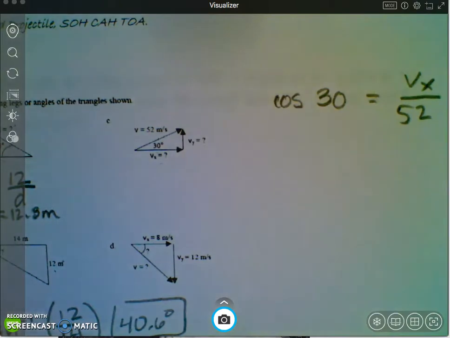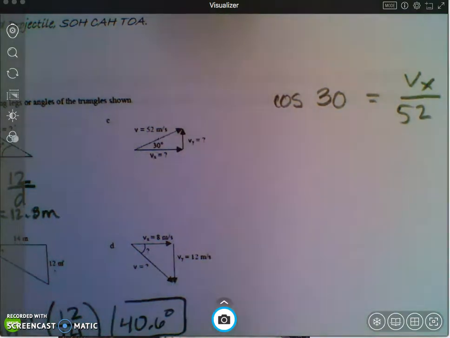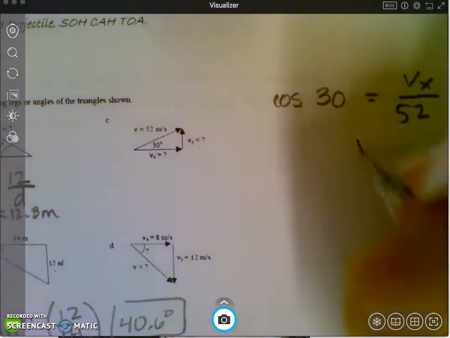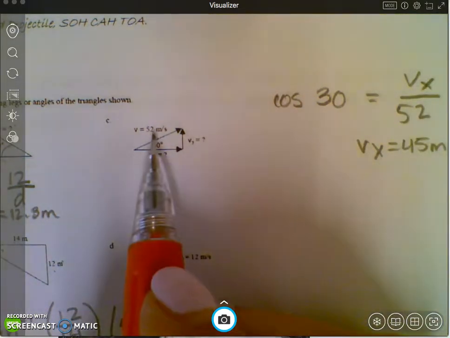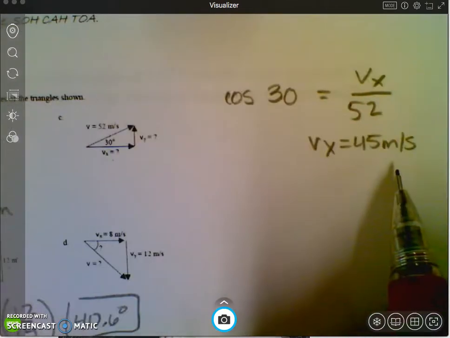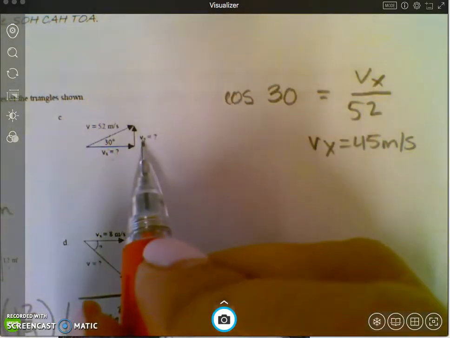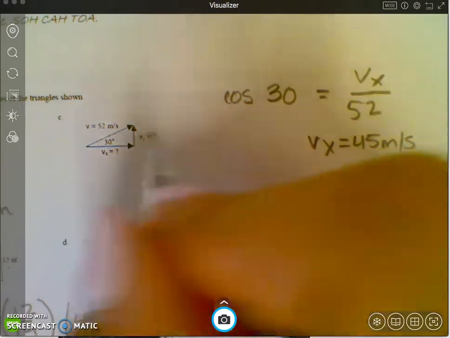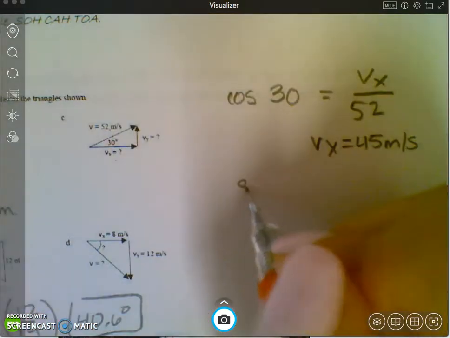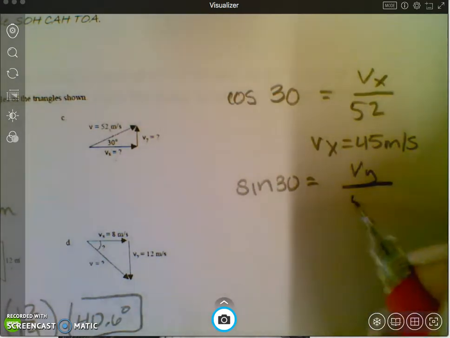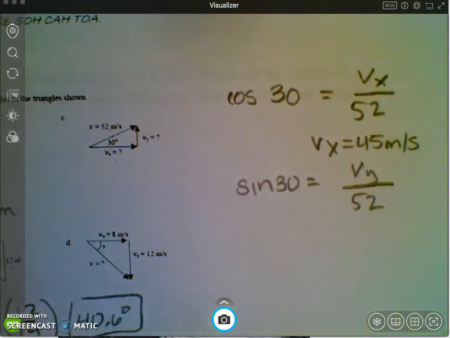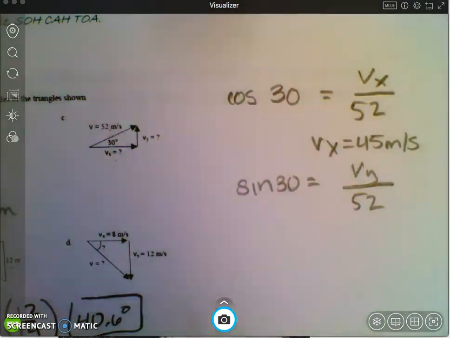And if you do 52 cosine 30, you get 45. Since this is a velocity, that means that our result will be a velocity. For Vy, we're going to use opposite and hypotenuse, so sine 30 equals opposite over hypotenuse, and 52 sine 30 gives you 26.